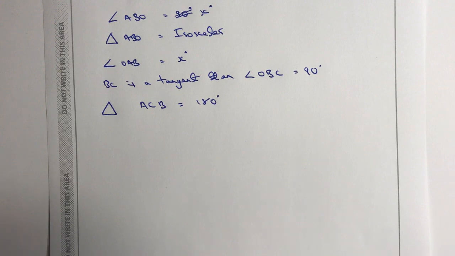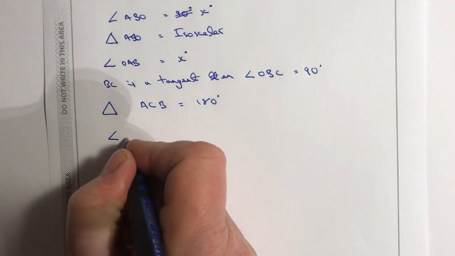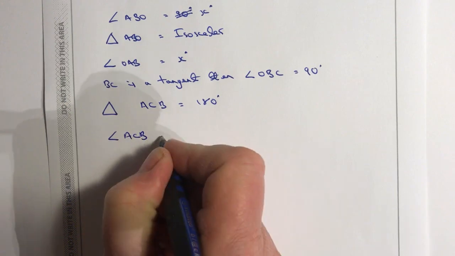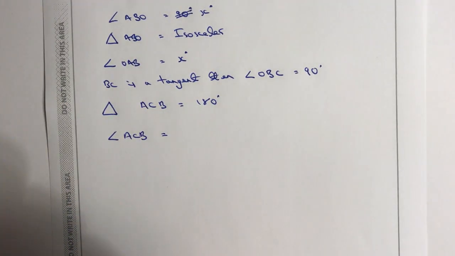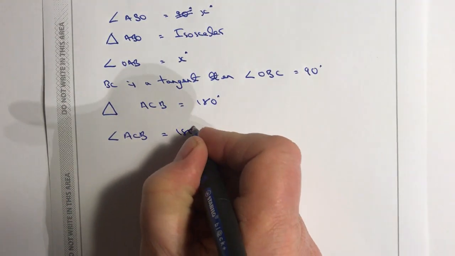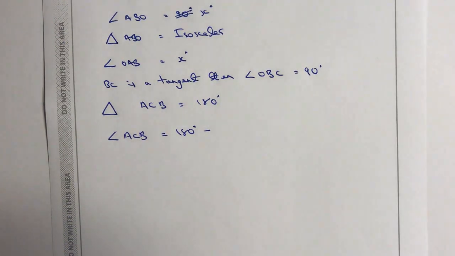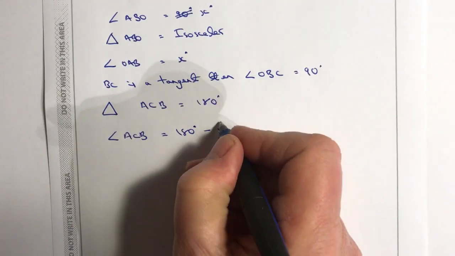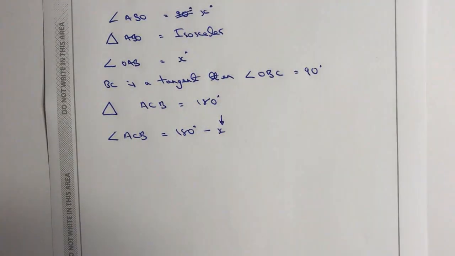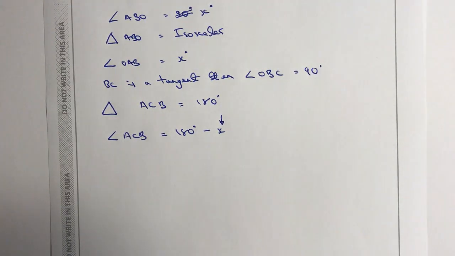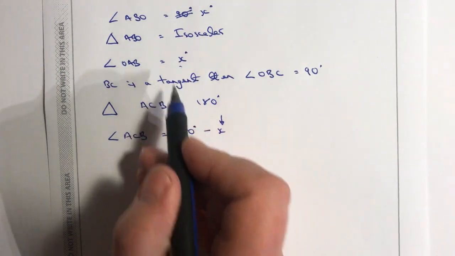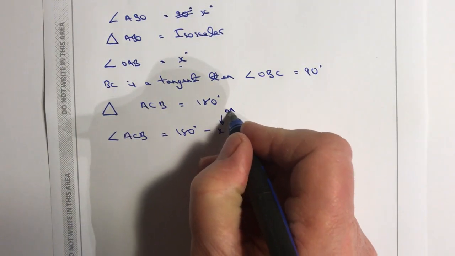So therefore, if we want to work out angle ACB in terms of x, it's going to be 180 degrees minus x. Now this first value of x is going to be OAB, so it's actually going to be this one here. This is OAB.